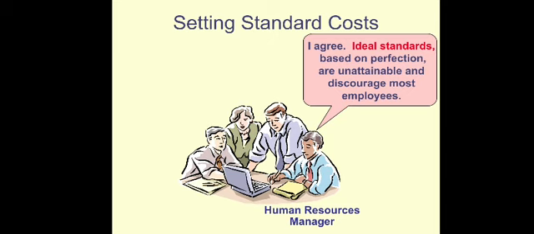But ideal standard cost is based on perfection, and is unattainable and discourages most employees. Okay, an ideal standard is a standard that is based on perfection. Let's say you have a cupcake business. When you want to make the cupcake, if in the recipe you need 1 kilogram of flour, in actual situation, you have to use more than that, isn't it?